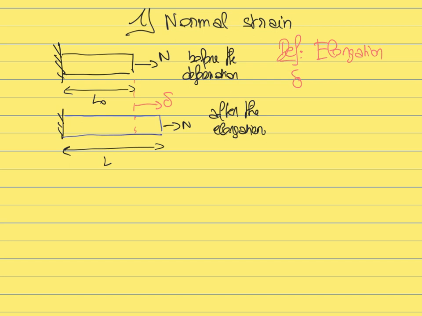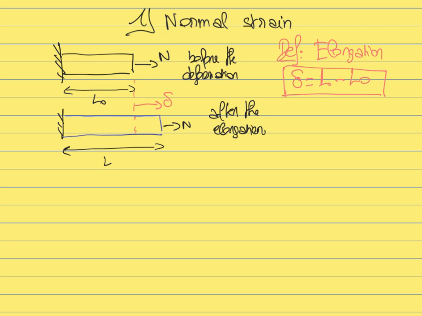This is going to be a quantity that is a length, with a unit of meters, inches, centimeters, etc. And the elongation by definition is going to be the new length minus the old length.